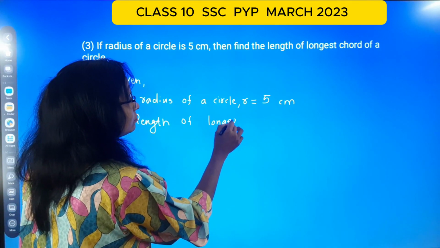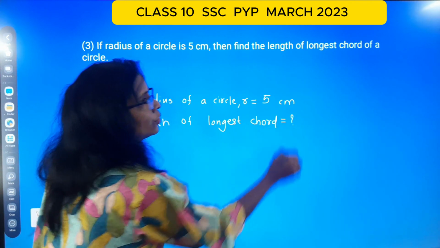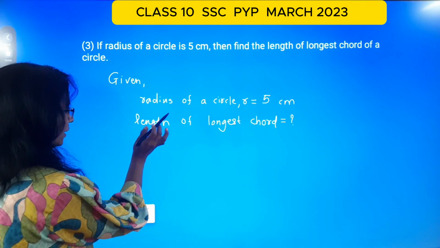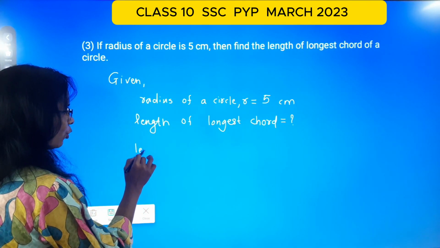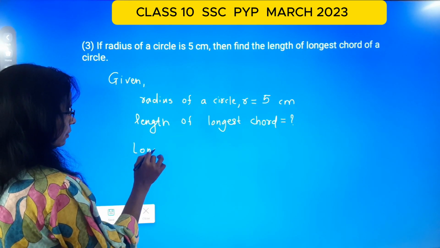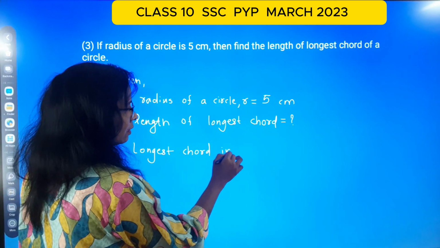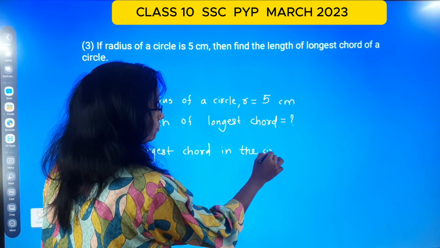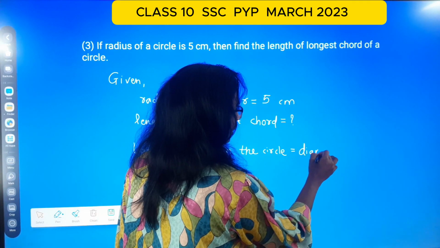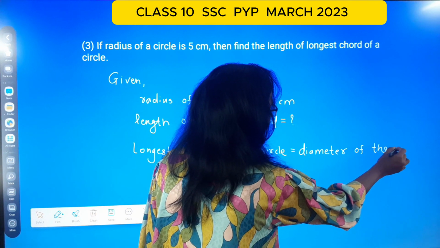and the length of the longest chord is equal to question mark. So now here students, we write that the longest chord in the circle is equal to the diameter of the circle.